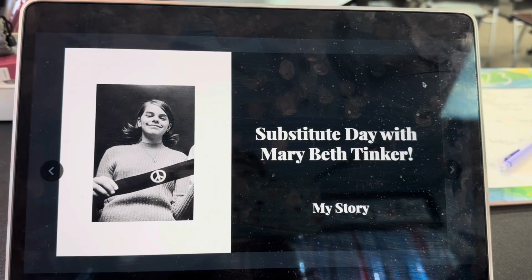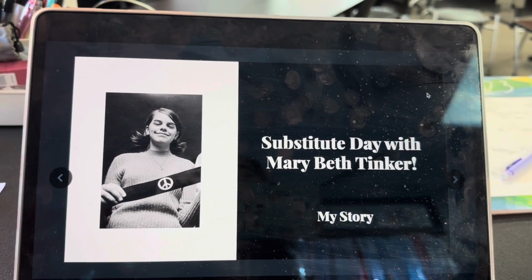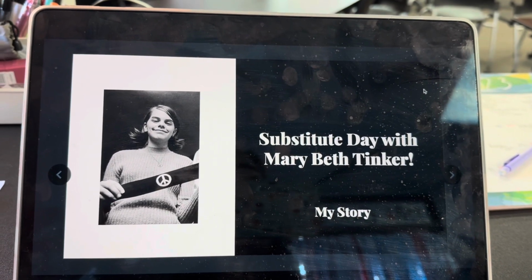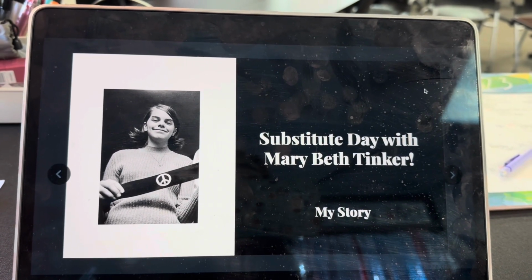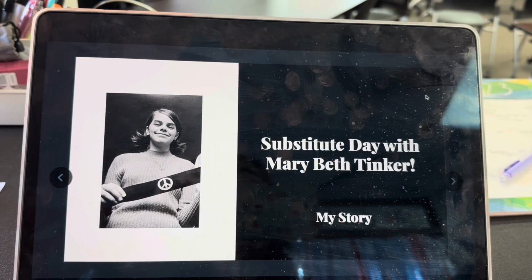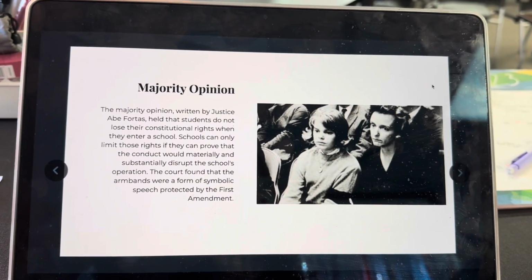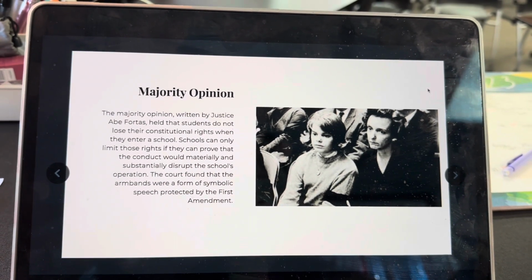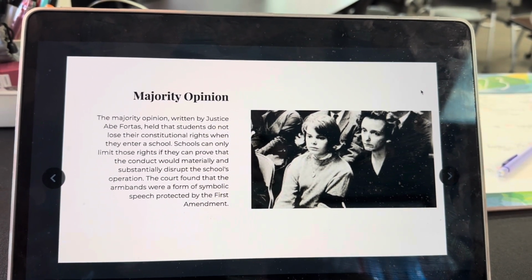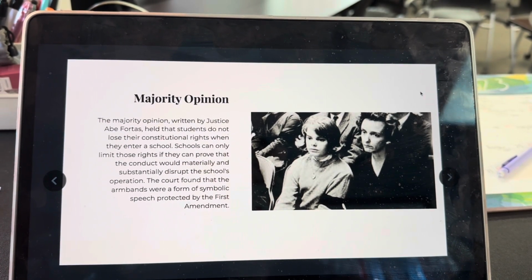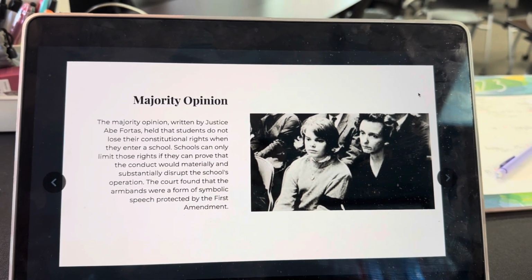They lost in court, in the local courts, and went to the 8th Circuit Court of Appeals. They lost there as well, and then it went all the way to the Supreme Court. The majority opinion, stated by Justice Abe Fortas, held that students do not lose their constitutional rights when they enter the schoolhouse door. Very famous quote.